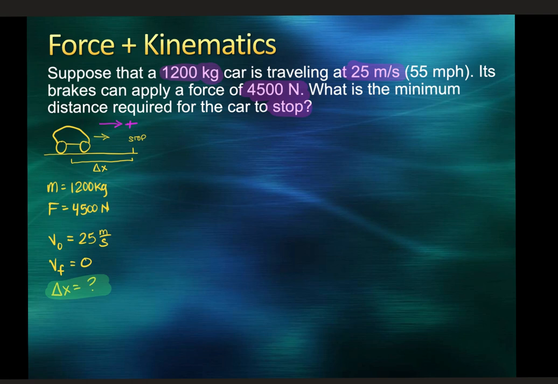And then I've got to think about, okay, what do I actually need to know? If this is an acceleration problem, which it is, because I'm going to start at one velocity, 25 meters per second, and I'm going to end at another, 0, which means I'm changing velocity, and that's what an acceleration is.